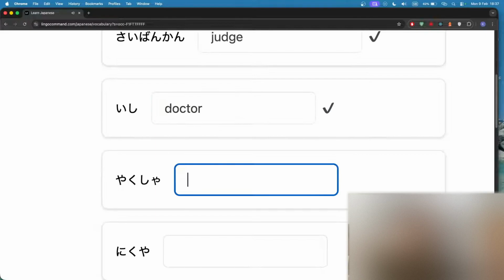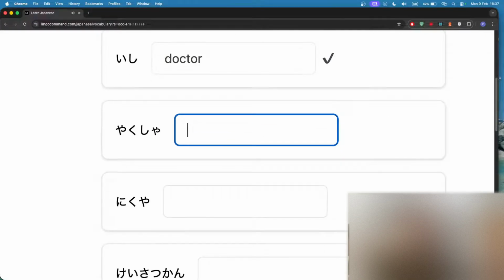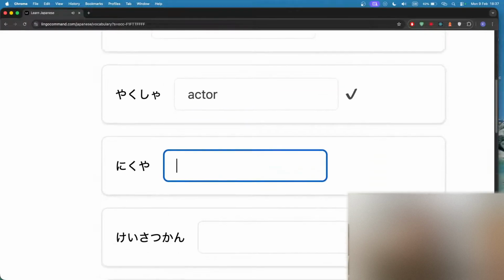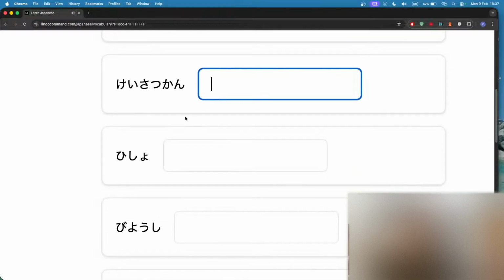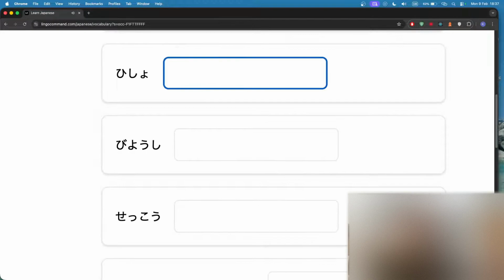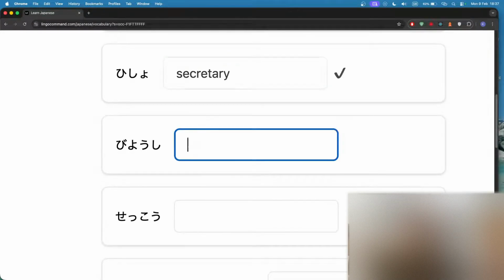Ishi is doctor. Yakusha is actor. And nikuya is butcher. Keisatsukan is police officer. Hisho is secretary.